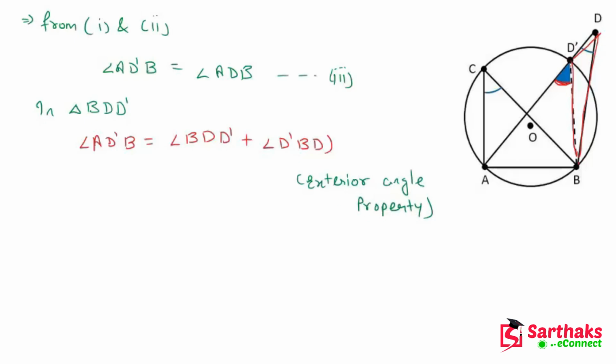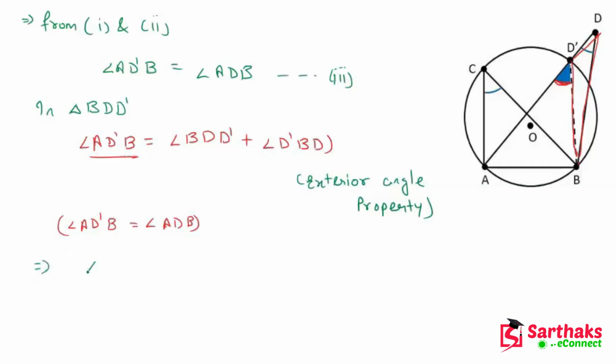Got it? So here you can write angle AD dash B. We know that angle AD dash B is equal to angle ADB, so we can write angle ADB in place of angle AD dash B.